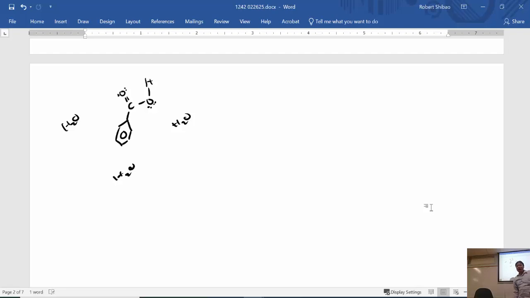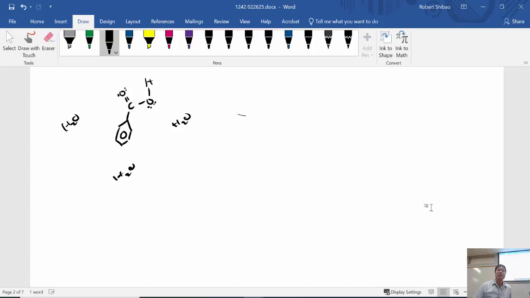But what can happen is this. What happens is it behaves like half as concentrated as it really is. And the reason it behaves like that is because of something called dimerization. It's like, say, one benzoic acid passes by another.